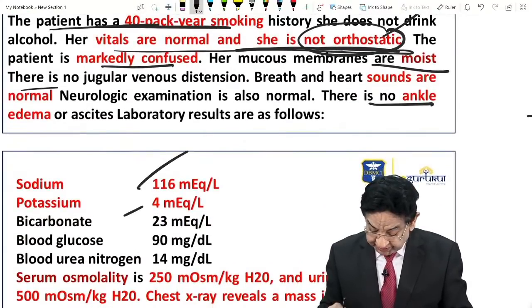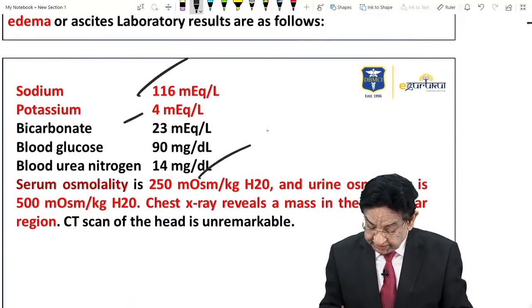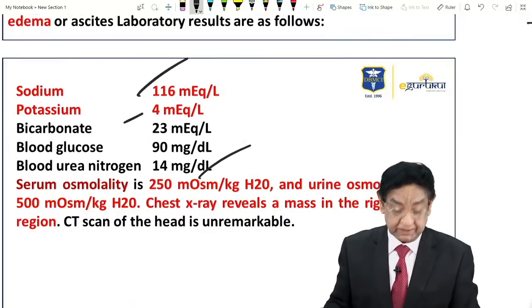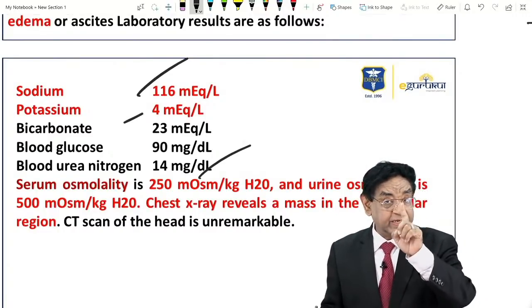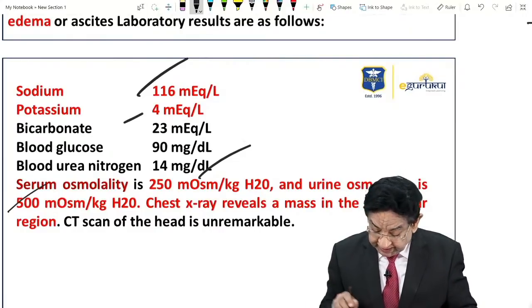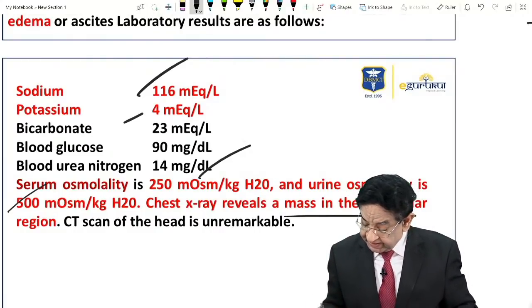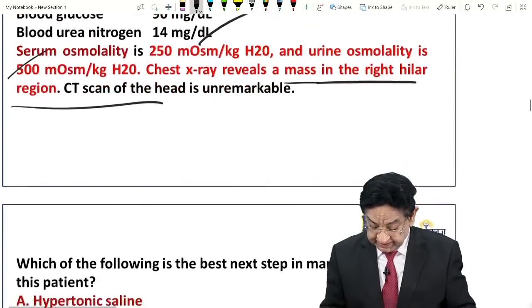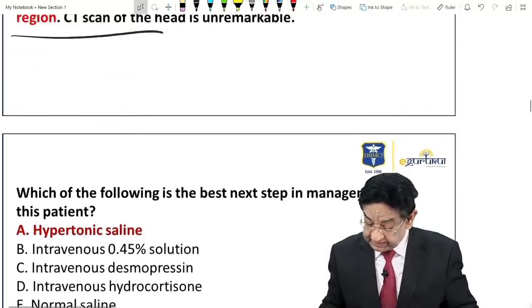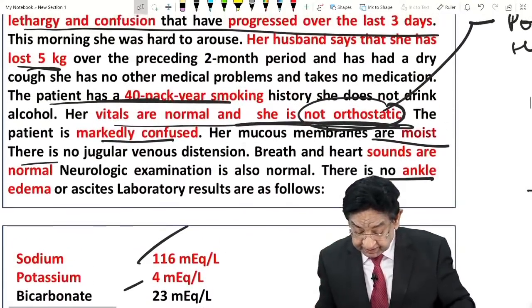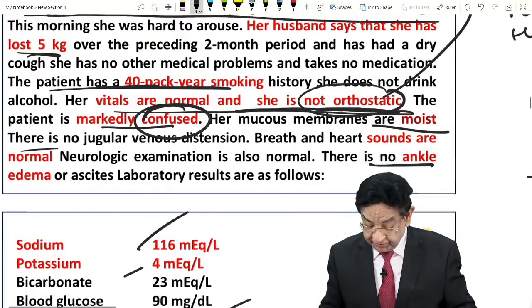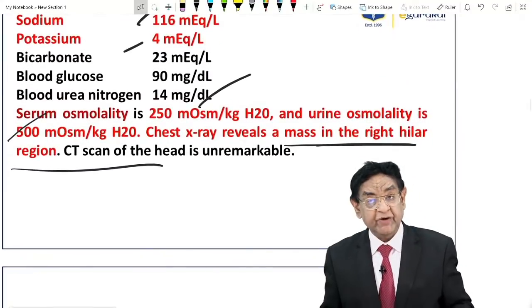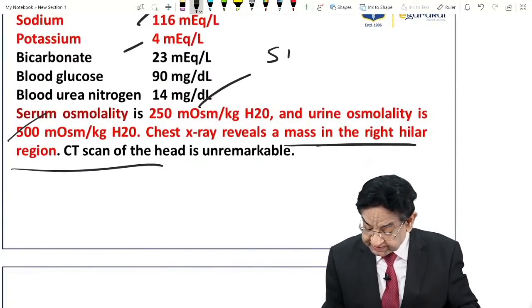Sodium is less, urine osmolality is high, serum osmolality is less than 280, low. Chest X-ray reveals a right hilar mass, and this is the one. Remember, he's totally confused, and now we have already proven he's a case of SIADH.